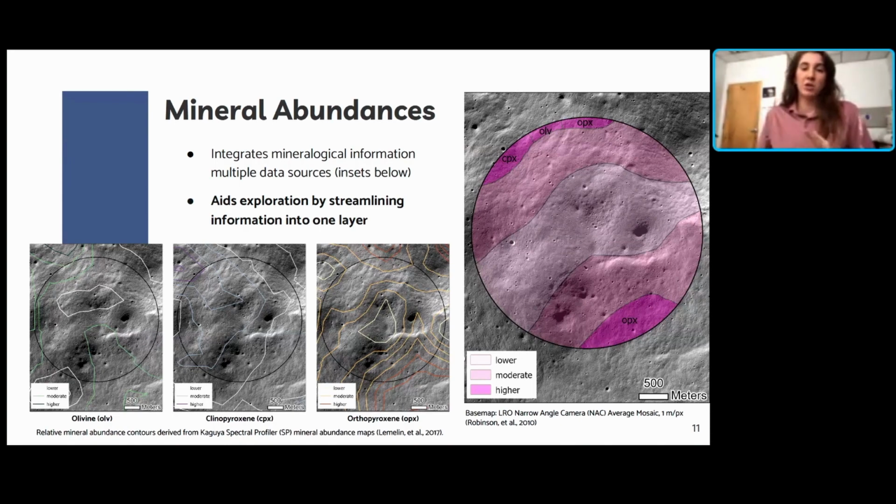So this aids exploration by streamlining different data sets into one layer, but also helping to understand where you want to go for different minerals or whatever resources are being shown in this kind of heat map. This can be done for ice or other resources like Jake Bleacher was talking about. Next slide, please.